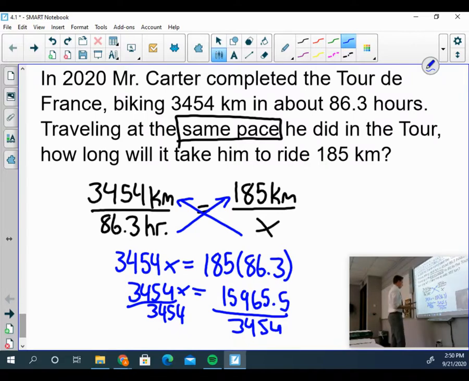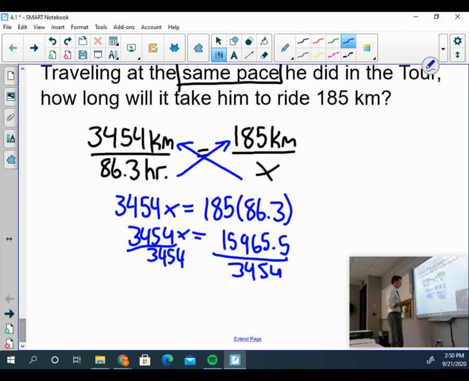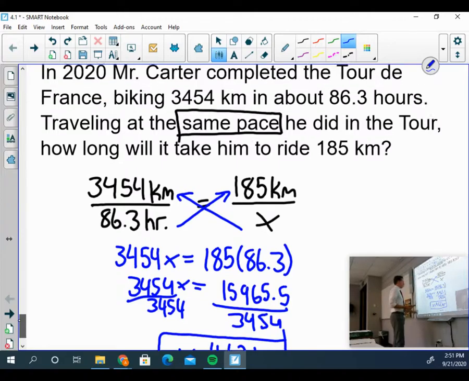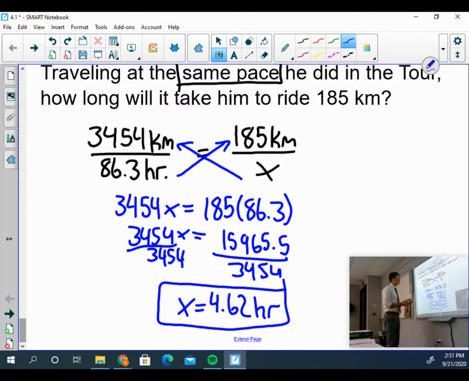And once I do that, I get x equals 4.62. That is a rounded answer, in hours. So it's going to take me a little over 4.5 hours to bike 185 kilometers if I do it at the same pace I did when doing the Tour de France.